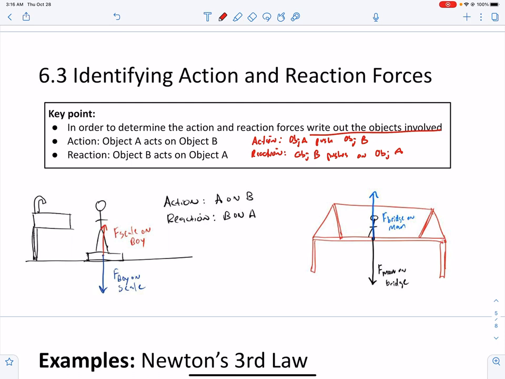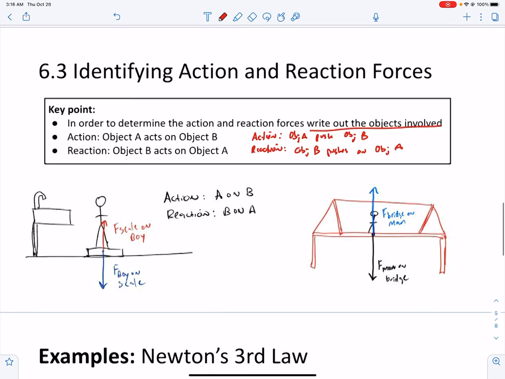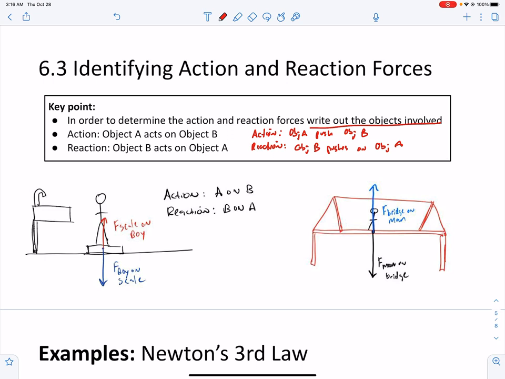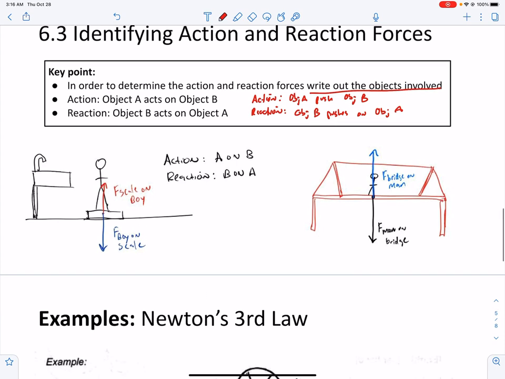Well, we have very different results when our forces act on different objects, right? Because even if I have a person standing on a scale, right? He's pushing down on the scale, the scale's pushing back up on him.